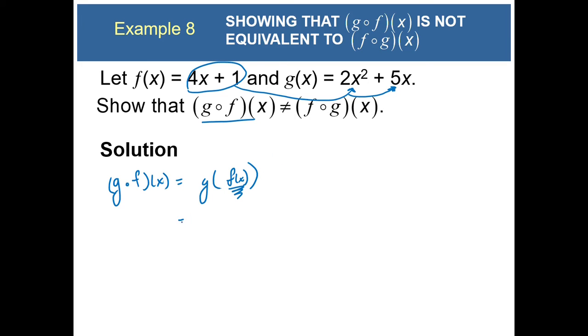This gives us 2 times 4x plus 1 squared plus 5 times 4x plus 1.